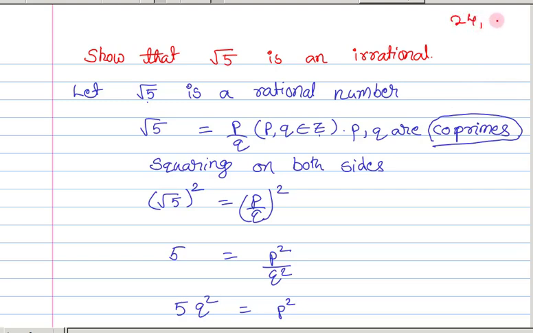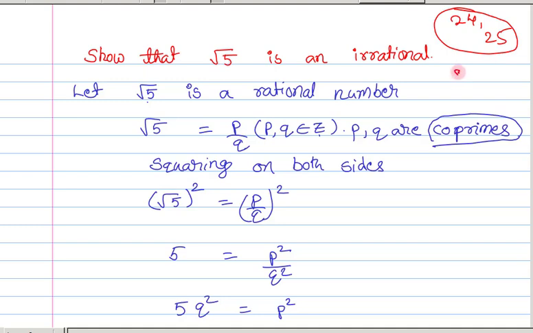Take 24 and another number 25. If you observe, these two numbers do not have any common factors other than 1. So these two numbers are said to be co-primes.